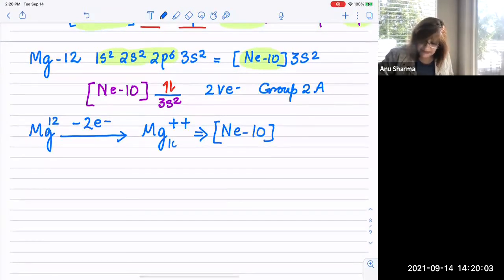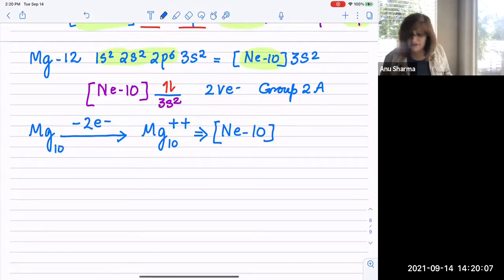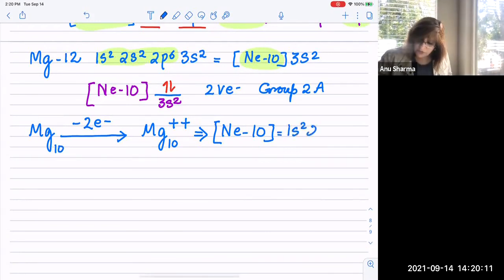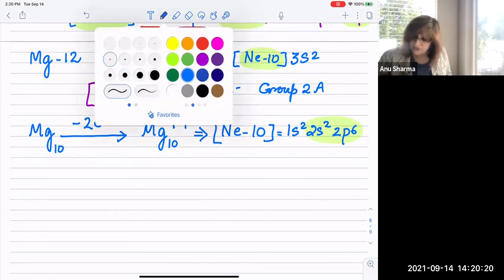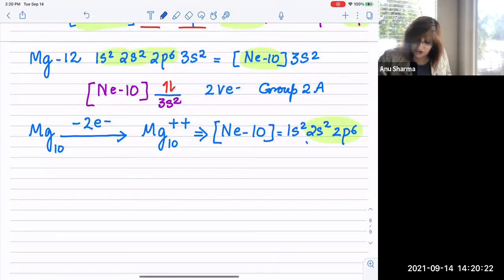Now magnesium has 10. And so internally, it's looking like neon. So its electronic configuration is 1s2, 2s2, and 2p6. Now look at this, 8 electrons. It has those 8 electrons in the last shell. This is the last shell, 8 electrons.